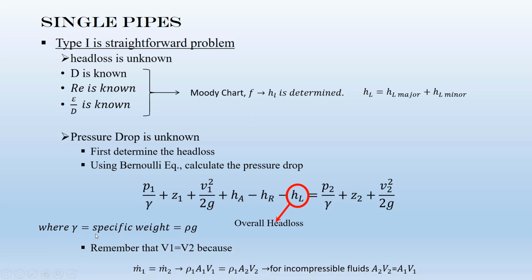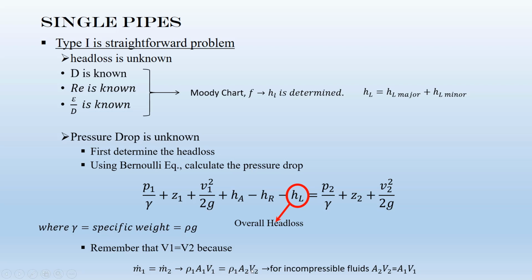Keep in your mind that in this equation, gamma is the specific weight, it's rho times g. The other thing is that, guys, for the single pipe, the diameter of pipe is constant. So meaning that D1 equals D2. If you write the mass conservation equation, you can write m dot 1 equals m dot 2, or density times A1 times V1 equals rho 2 times A2 times V2.